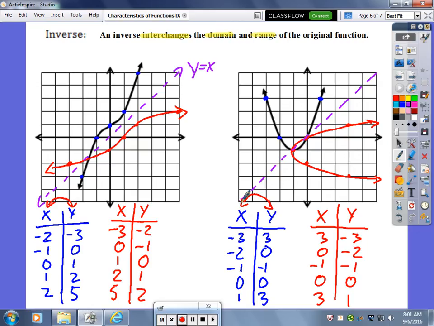Now I keep saying curve, and it's because the red is not a function. You will remember from Algebra 1 what constitutes a function, and you will remember the vertical line test.